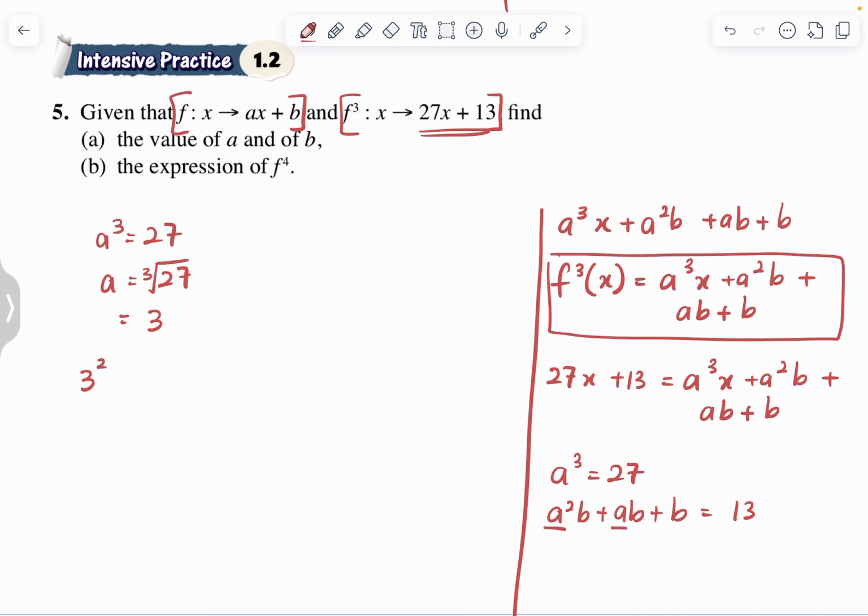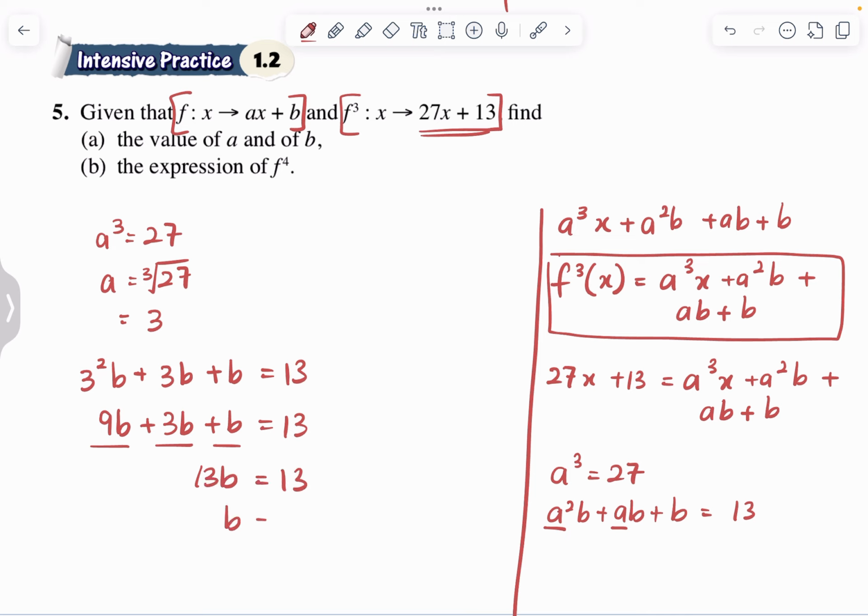So 3 squared times b plus 3b plus b is 13. 3 squared is 9. So 9b plus 3b plus b is 13. 9 plus 3 is 12. 12 plus 1 is 13. So 13b is 13. Therefore, b is 13 divided by 13, giving us 1.